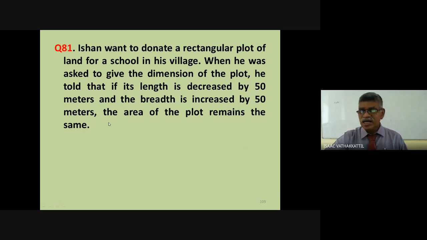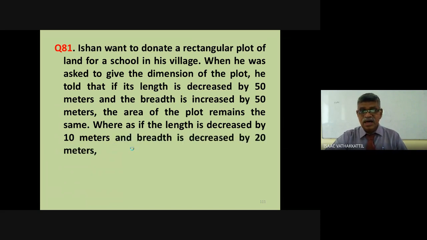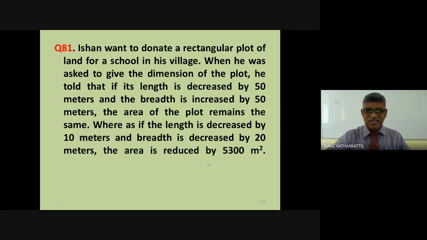Whereas if the length is decreased by 10 meters, read the sentence very carefully, length is decreased by 10 meters and breadth is decreased by 20 meters, the area is reduced by 5,300 square meters.